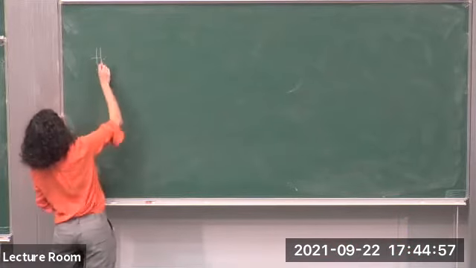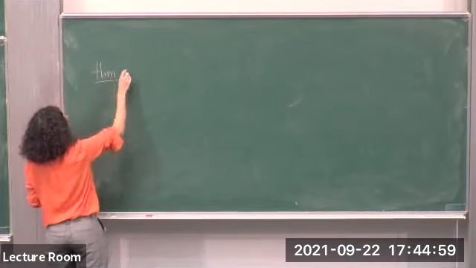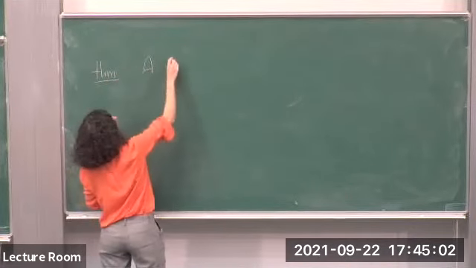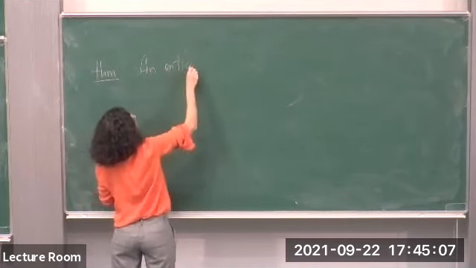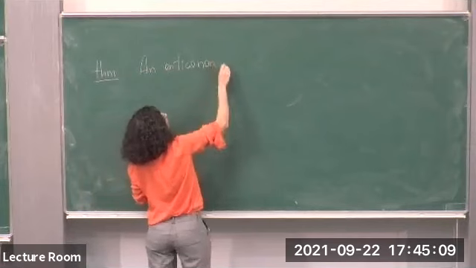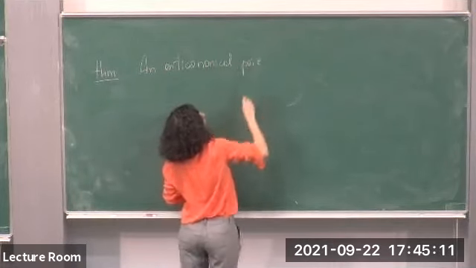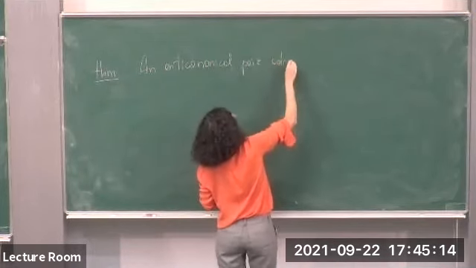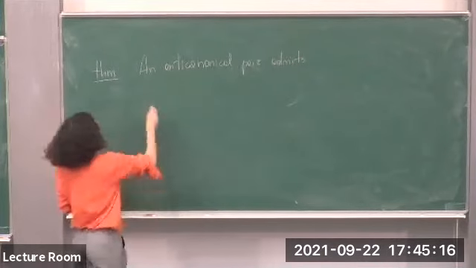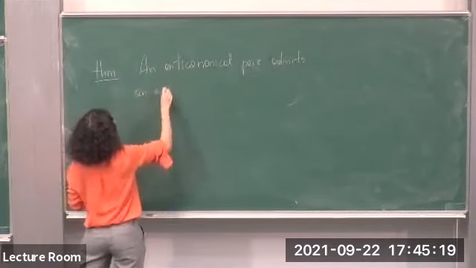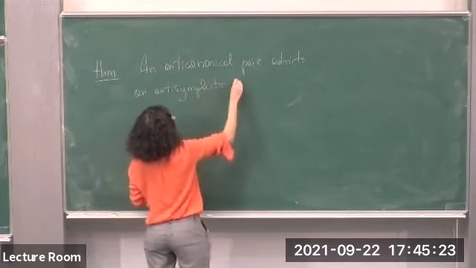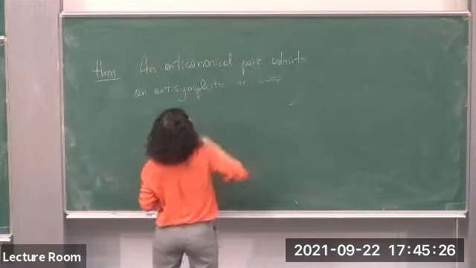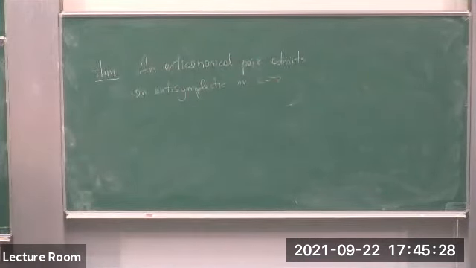So yeah, a Liouville pair, anti-canonical pair, admits an antisymplectic involution if and only if there exists a sequence of contractions.